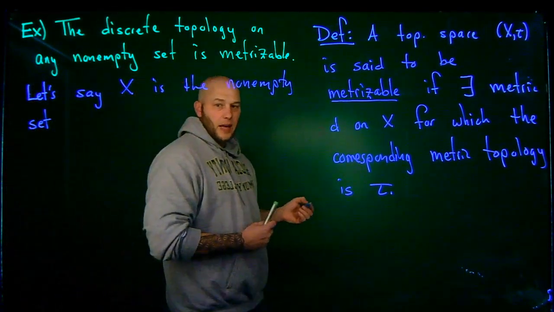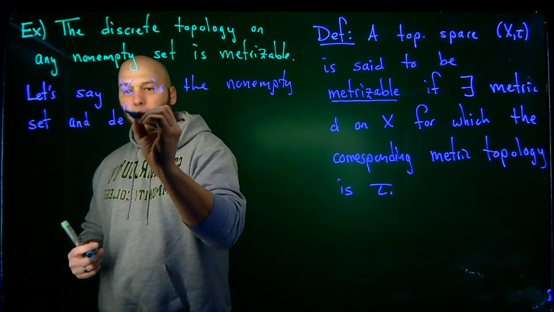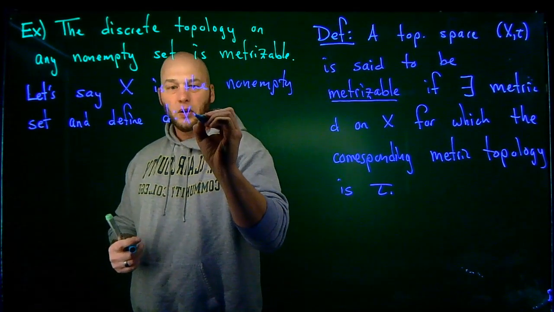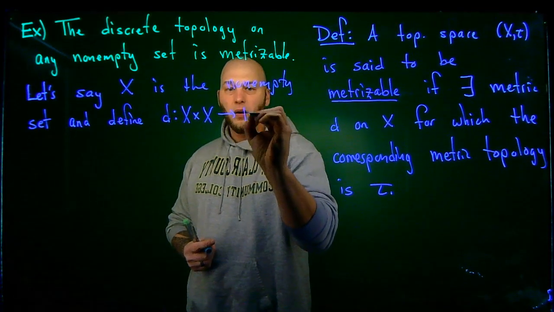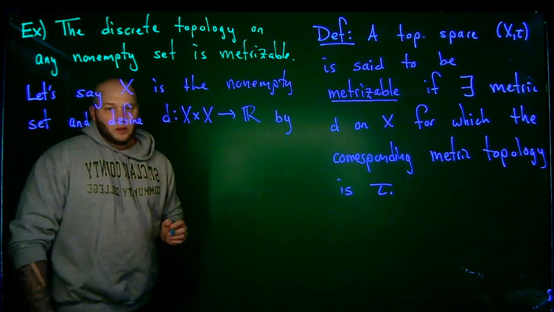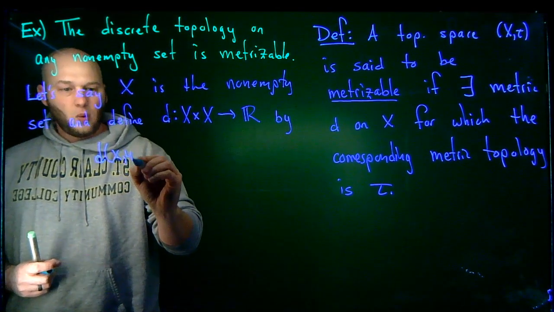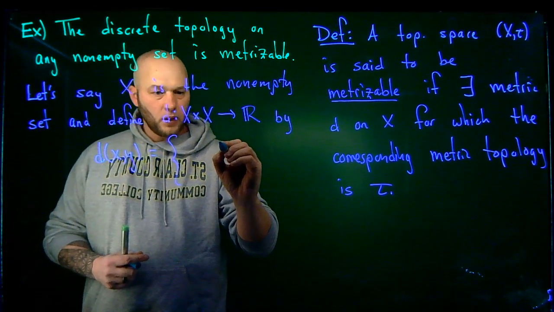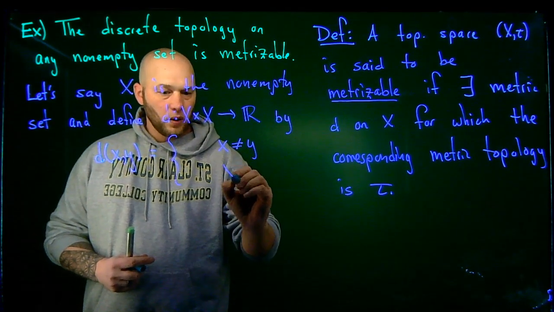So let's say X is the non-empty set and define the function D, which takes X cross X, so it takes pairs of elements in X, and it returns a real number by, okay, if the ordered pair that I plug into this, first and foremost, it could either be distinct values or it could be the same value.